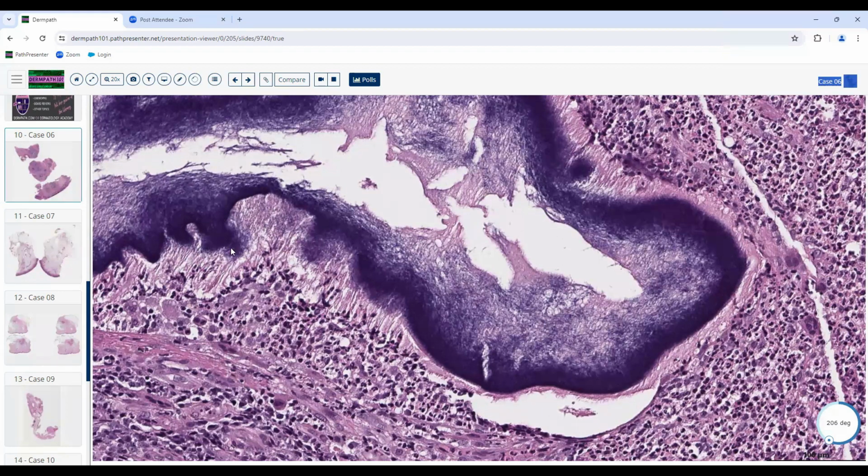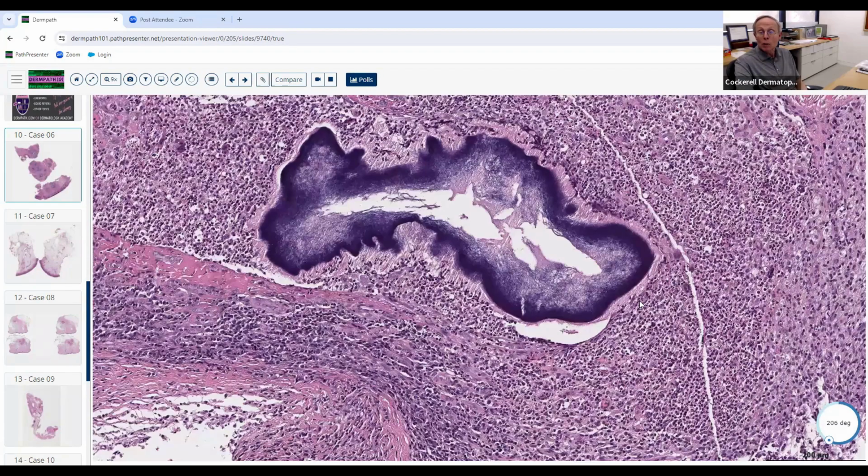I'm not sure why that is, but that's fairly repeatable. This is like a mat, a gossamer mat-like web of gram-positive rods forming a colony in the skin. Multiple colonies, actually, in this case.